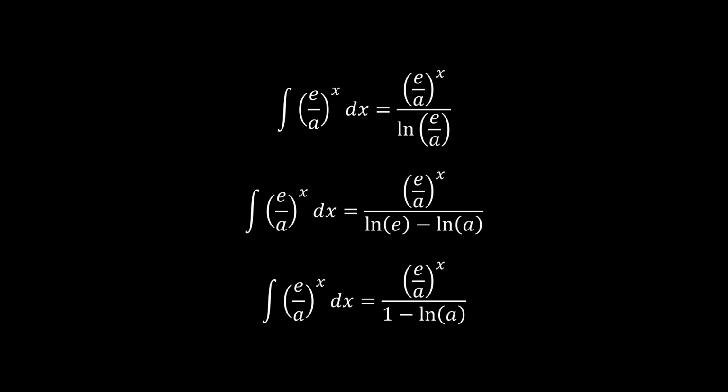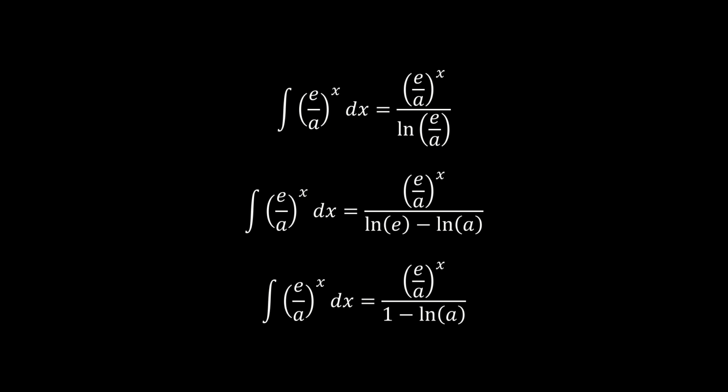But let's just say hypothetically we want to do the reciprocal, the integral of e over a raised to x dx. Well, let's not use the tabular method. Let's just quickly use our basic property of some constant raised to x, taking the integral of that. That's going to be that ratio again raised to x divided by the natural log of that ratio, in this case, e divided by a.